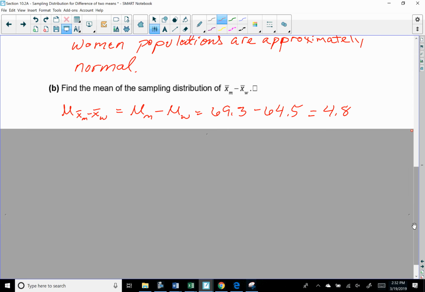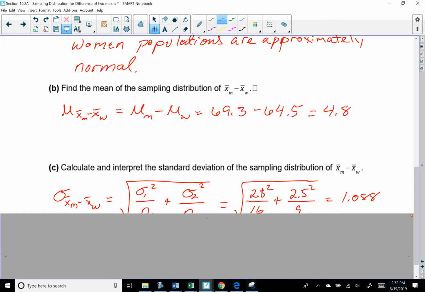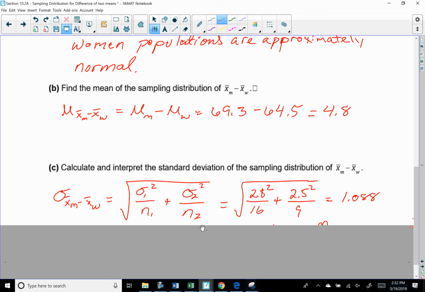Pretty simple. All right. And then lastly, calculate and interpret the standard deviation of the sampling distribution for the sample mean for men minus the sample mean for women, or the difference in the sample means. Also straightforward, right? Finding the standard deviation by adding the variances and taking the square root.